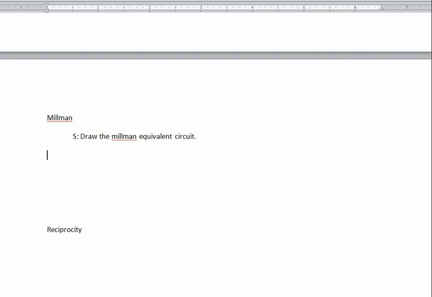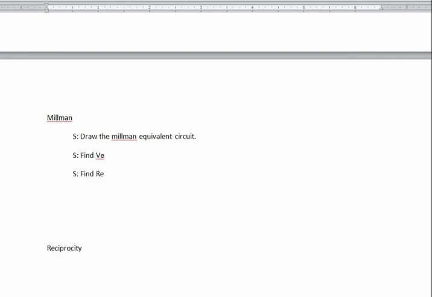After drawing, what are the steps? Find and substitute the value of VE. Next, find and substitute the value of RE.